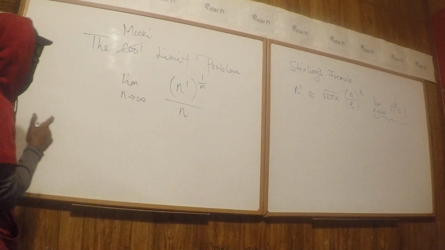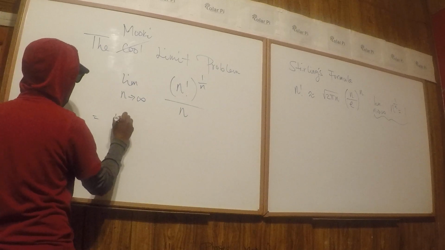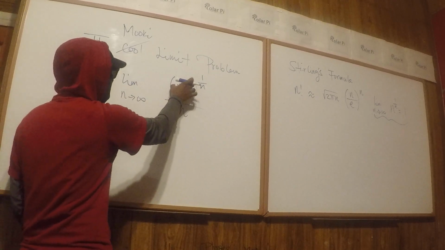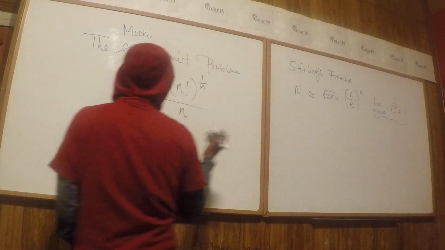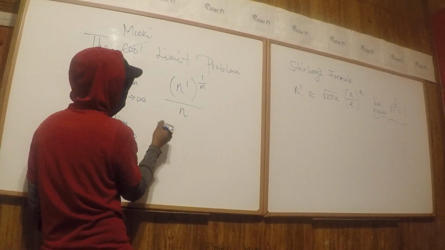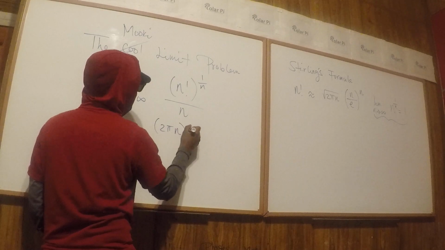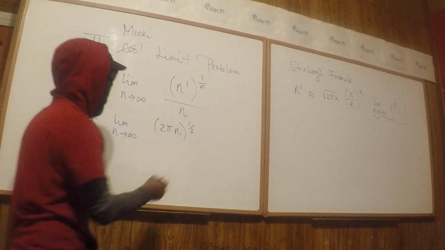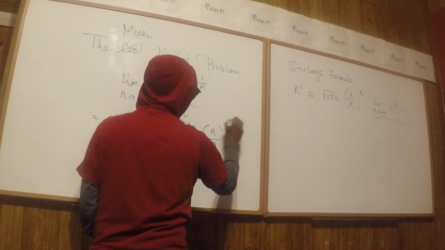So the first thing we do is write the limit as n goes to infinity, and we replace this n factorial with that, using Stirling's formula. So you have 2 pi n to the 1/2, the square root, and then n over e to the power n.